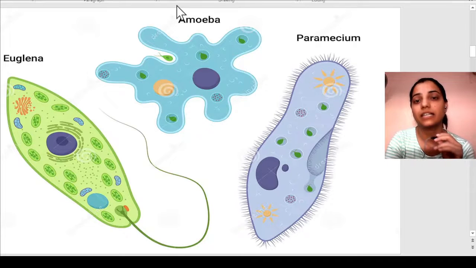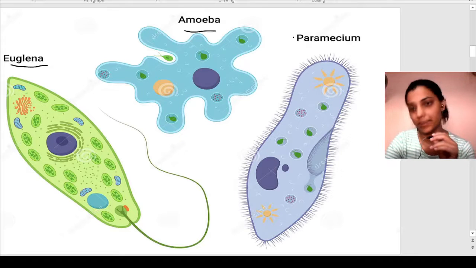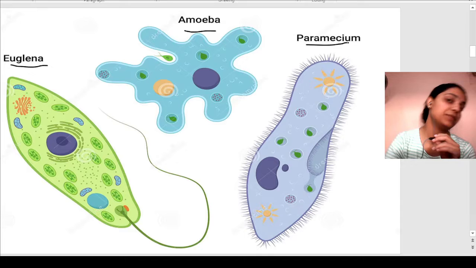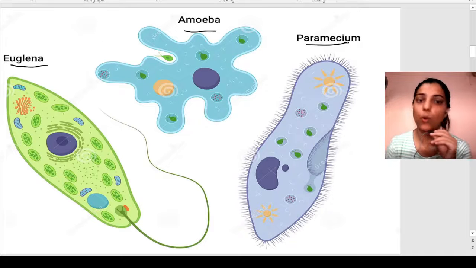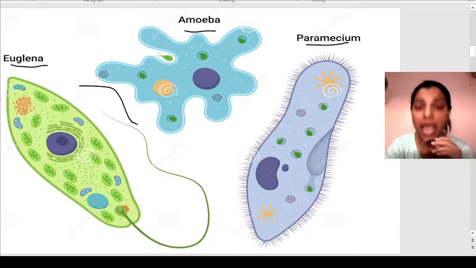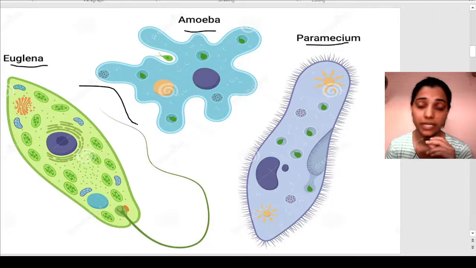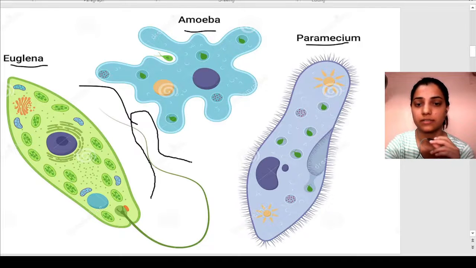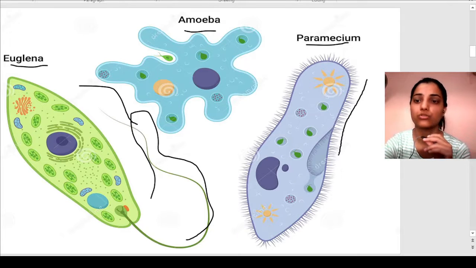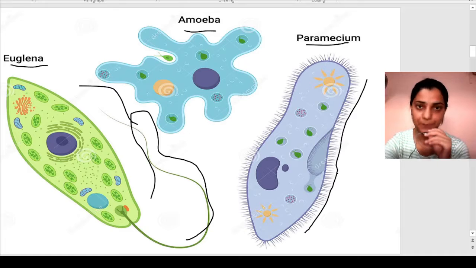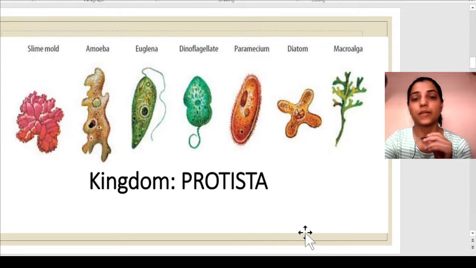As you can see, these are the examples: euglena, amoeba, paramecium. So these were the examples of the Kingdom Protista. As you can see their structures, and we have just studied that they have something to move, that we call flagella, and these small structures are the cilia, right?